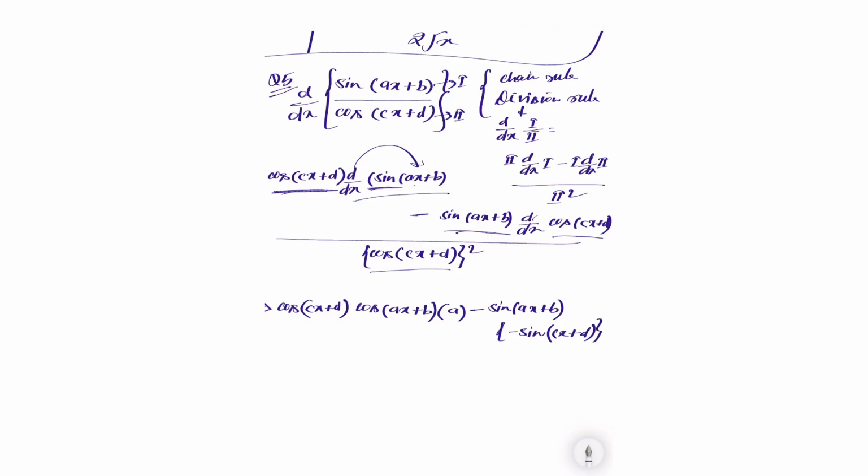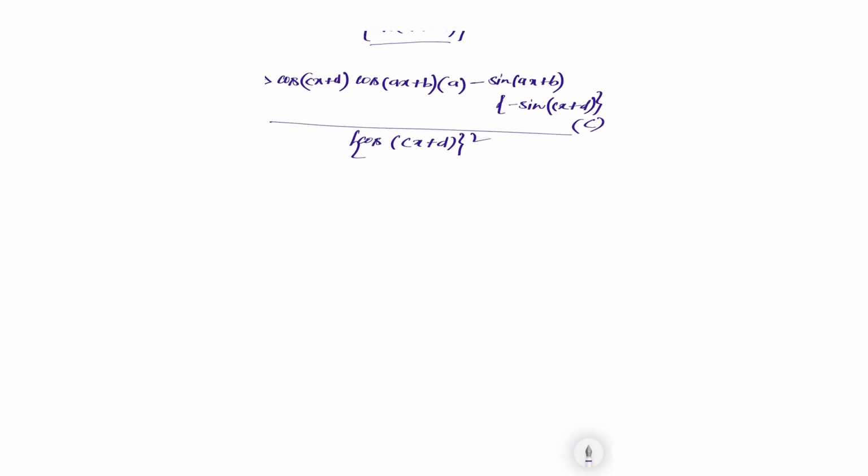Apply the chain rule on the second gate, c will come out. Divide by cos cx plus d whole square. Now go for simplification. Some more simplification, it will come like this: cos cx plus d, cos cx plus d. Look, a is there, a will come outside.